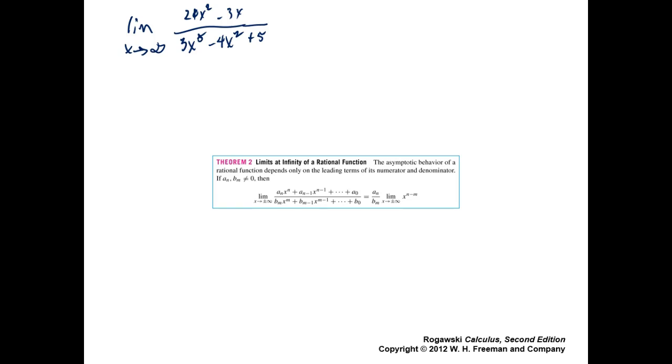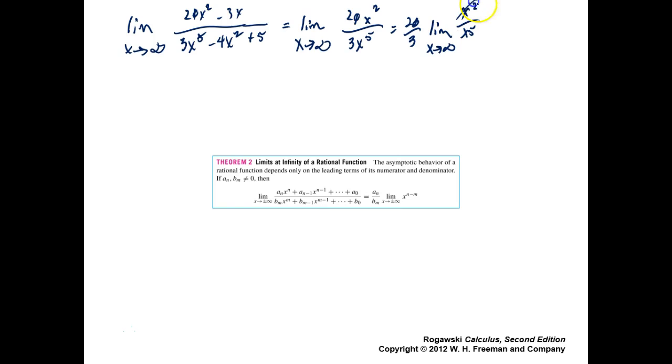So basically what we do is this will then be the limit as x goes to infinity of 20x squared over 3x to the fifth. Okay? Now, if you don't want to mess with your 20 and the 3, you can pull those out and make it 20/3 times the limit as x approaches infinity of x squared over x to the fifth.